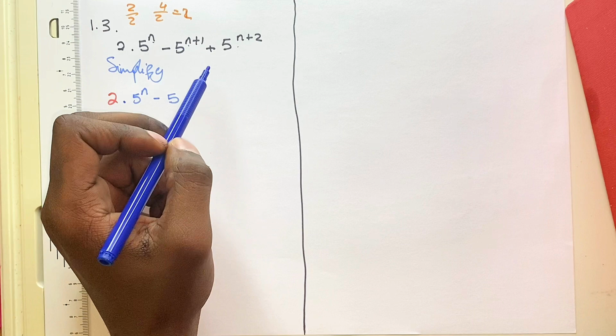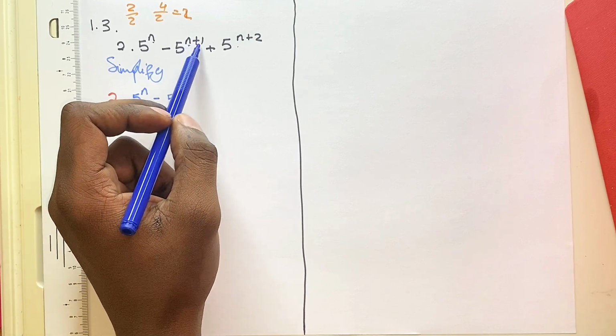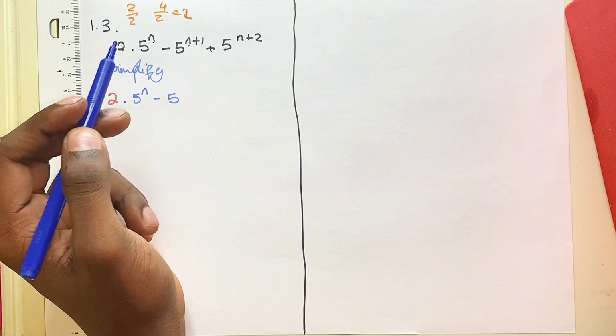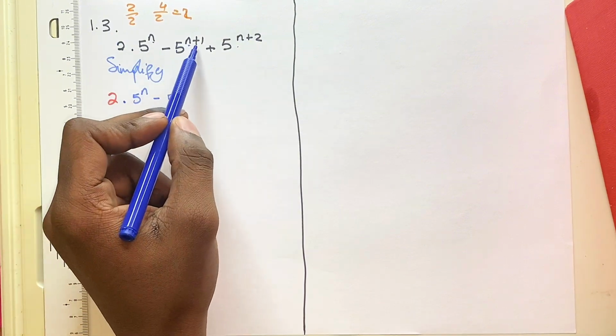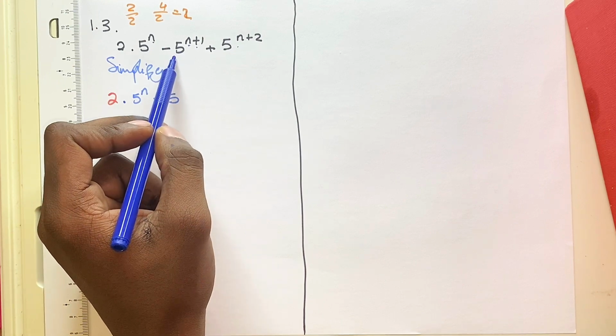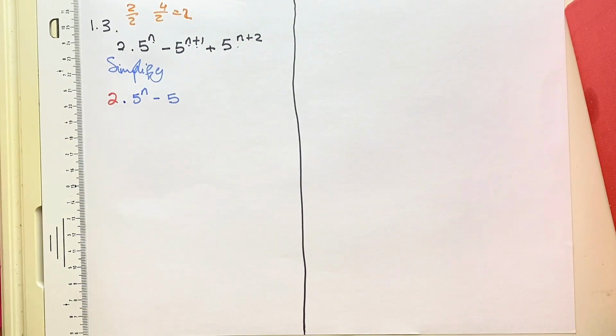We can break this n plus 1 into different bases. When you have plus 1, that means your bases were multiplied and they were the same. The rule of exponents is that if the bases are the same, you add the exponents, right?